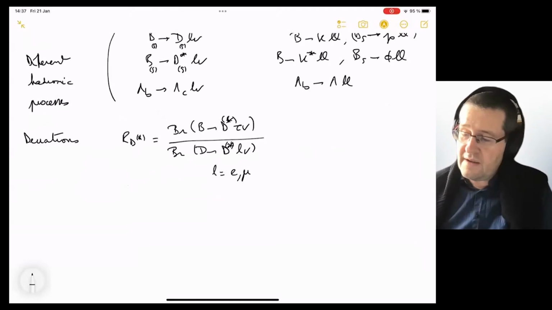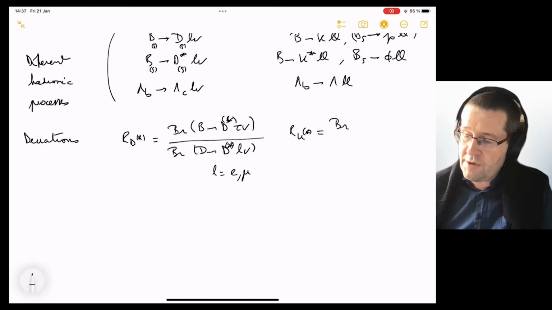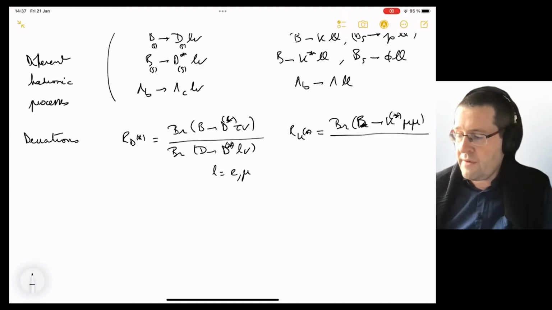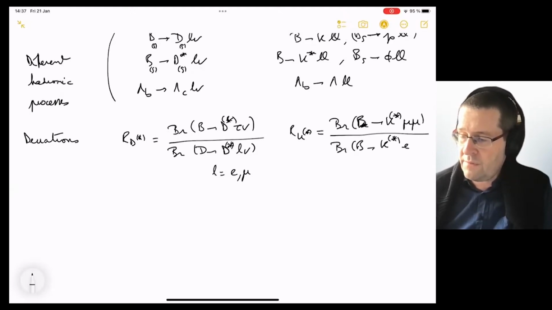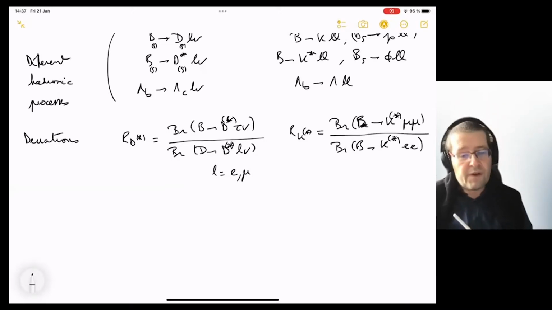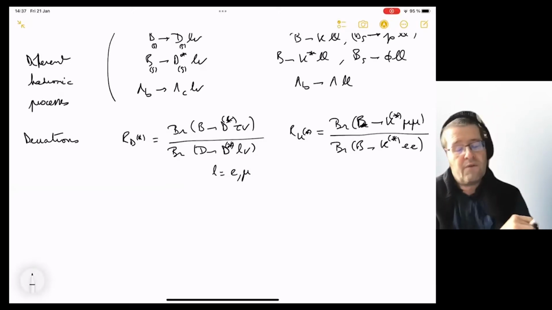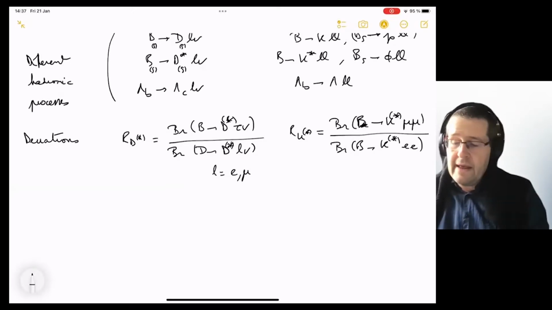And then you have, interestingly, similar measurements, where you're doing the same kind of comparison, comparing B to S transitions where you have muons versus electrons in the case of the flavor changing neutral currents.